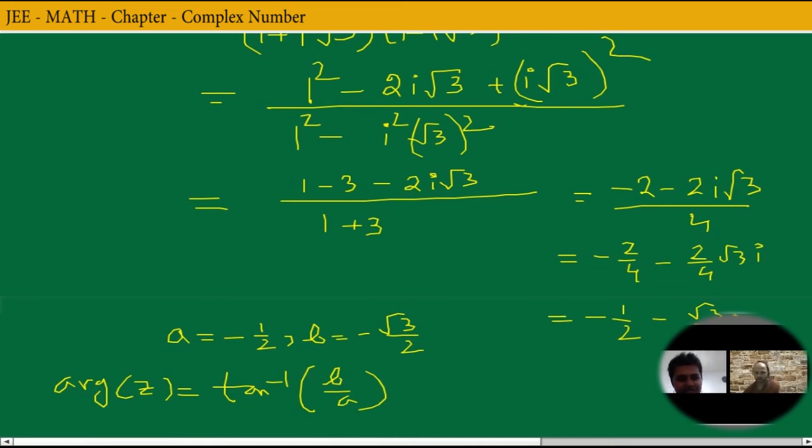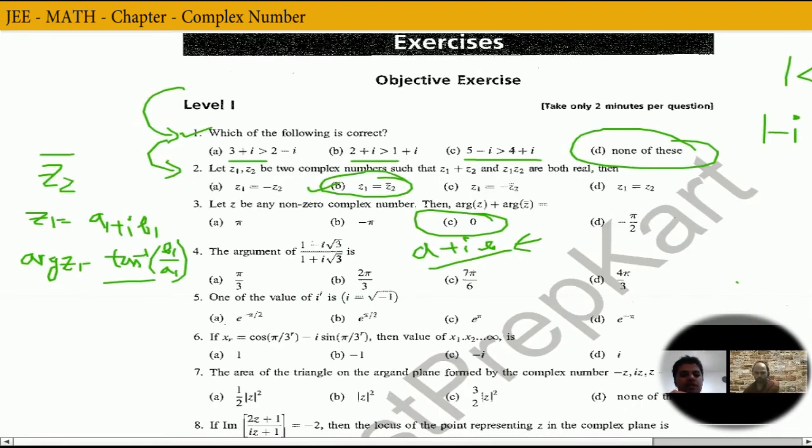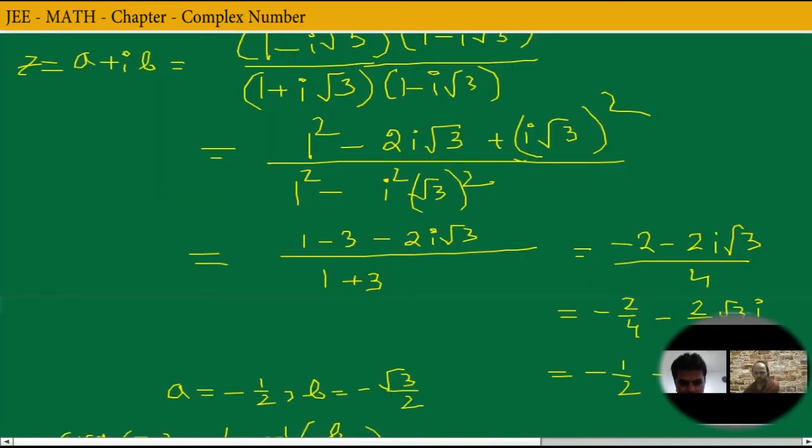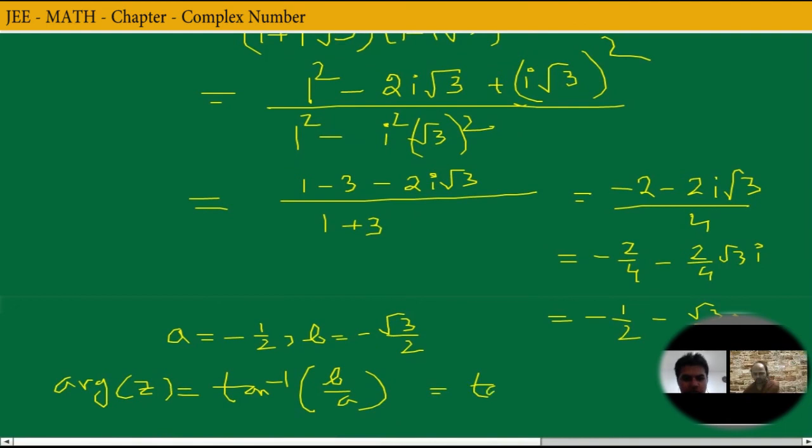So can you find it out? Yes, so it will be negative root 3 by 2 over 1 by 2, so negative root 3 by 2 into negative 2. So you meant to say it is going to be negative root 3 by 2 over negative half. So it is going to be tan inverse root 3.